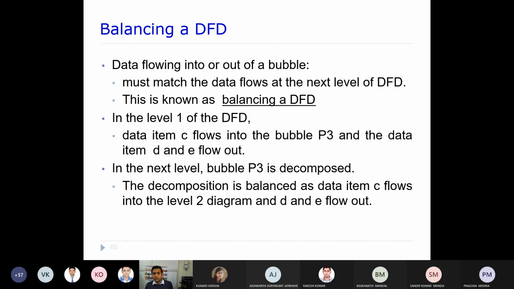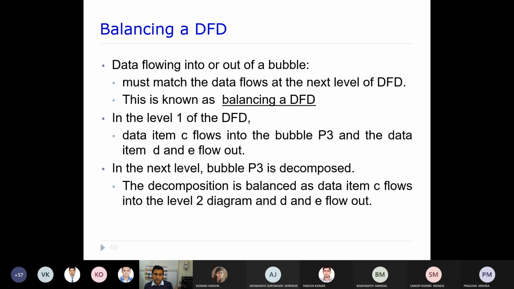Before decomposing, that bubble takes a certain number of inputs and gives a certain number of outputs. Even after decomposing the bubble into sub bubbles, the inputs given to the bubble as well as the outputs going out from it should still be the same.